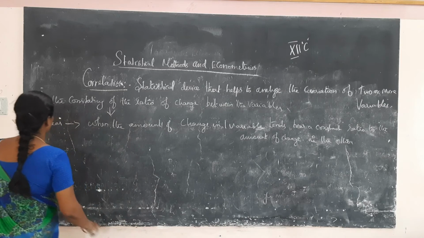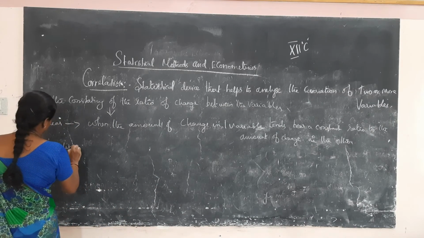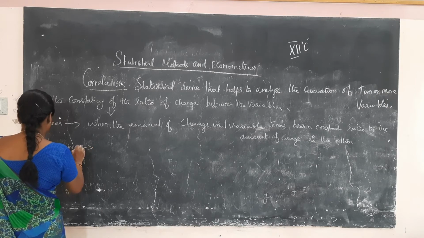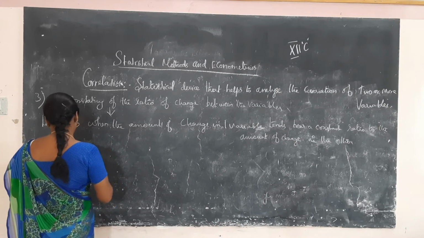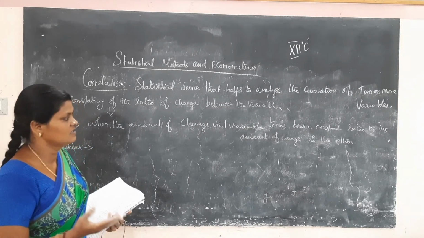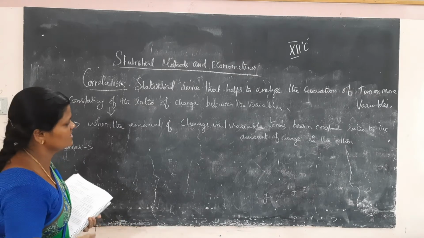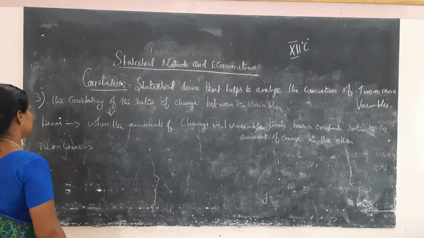Next one, non-linear correlation. If the amount of change in one variable does not bear the constant ratio to the amount of change in the other, then it is non-linear.